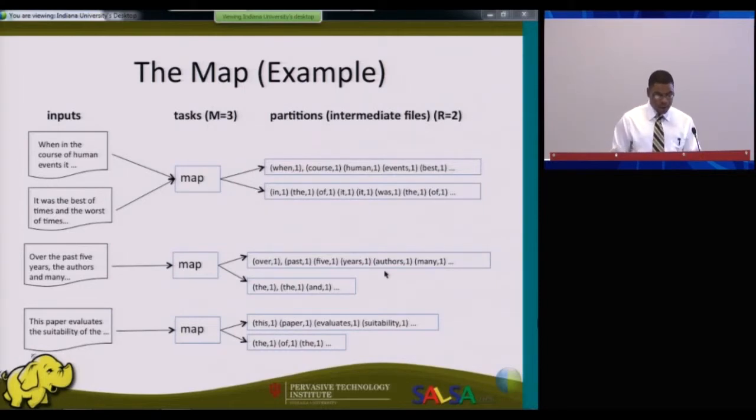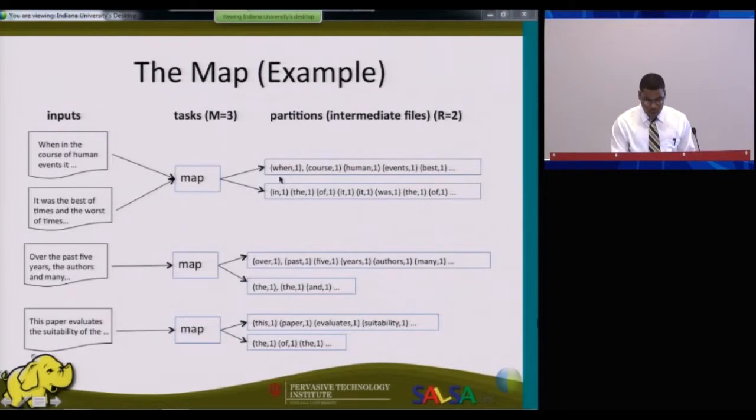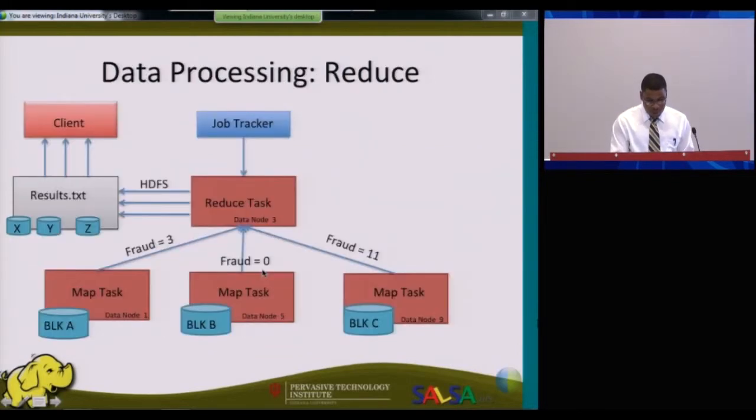Here I have my inputs, which is just a Word document, and I have 3 mappers. I want to count the frequency of each word that appears in the document, so here it enumerates a 1 for each word.